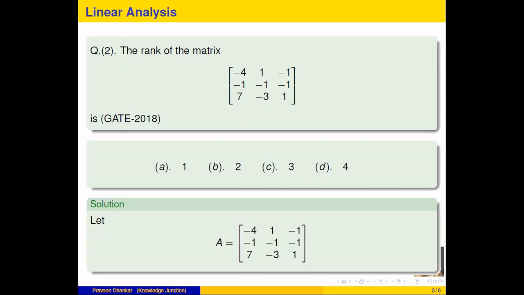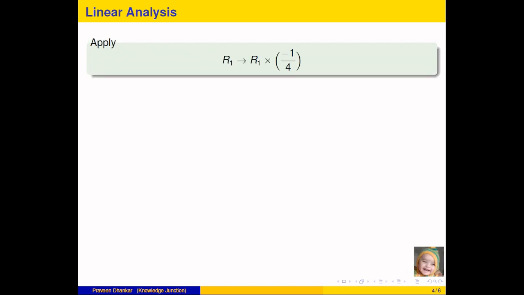So let us assume the given matrix, let A equal to [-4, 1, -1; -1, -1, -1; 7, -3, 1]. Let us apply row echelon form, that is, on R1 multiply by -1/4.